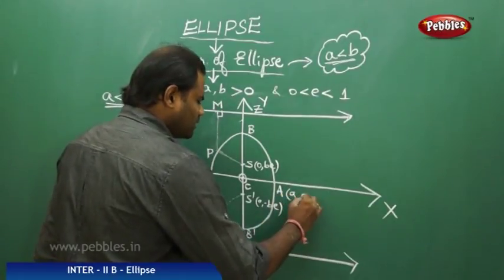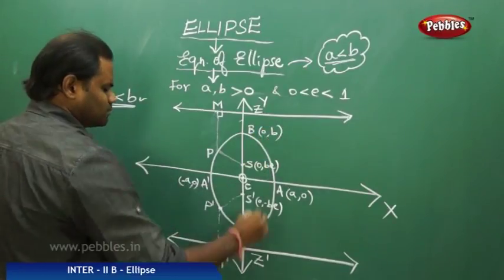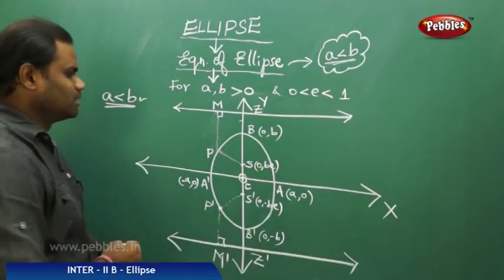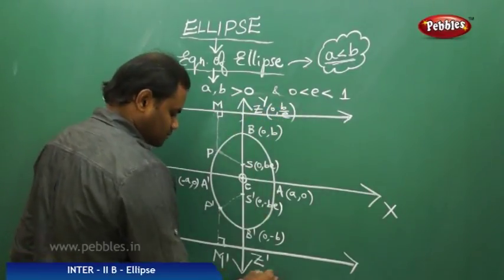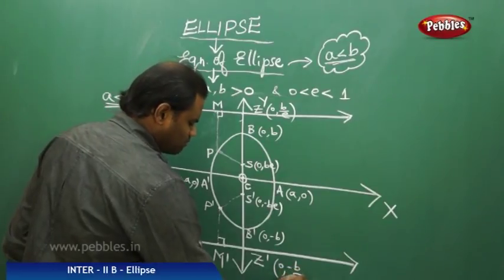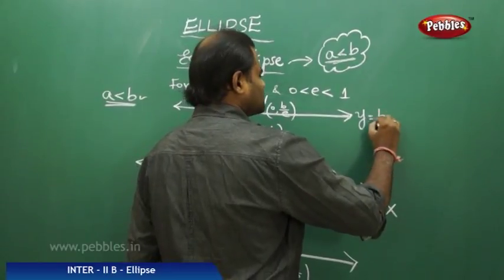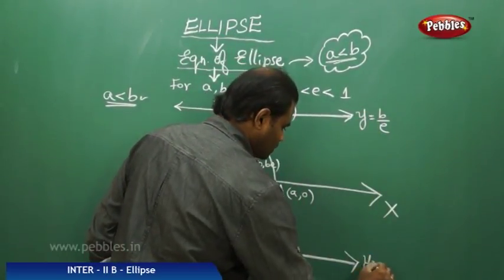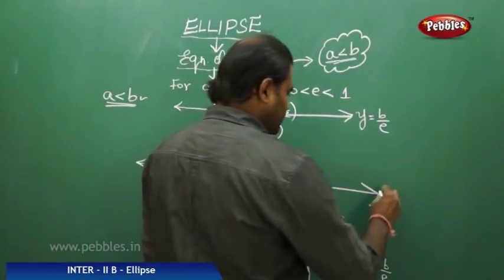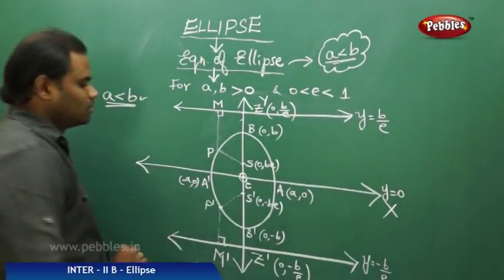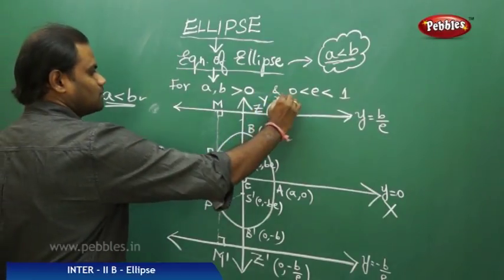A is (a, 0) and A' is (-a, 0), and B is (0, b) and B' is (0, -b). The coordinates of Z are (0, b/e) and Z' is (0, -b/e), and the equations of the directrices are y equals b/e and y equals -b/e. The equation of the minor axis is y equals 0 and the equation of the major axis is x equals 0.